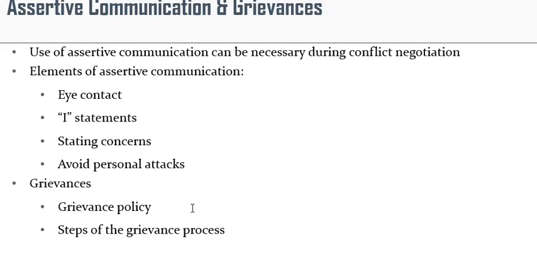Facilities have a formal grievance policy that should be followed when a conflict cannot be resolved. Typical steps of this grievance policy start at the first level of management and continue up the chain of command as needed. There could also be a formal hearing if the issue is not resolved.